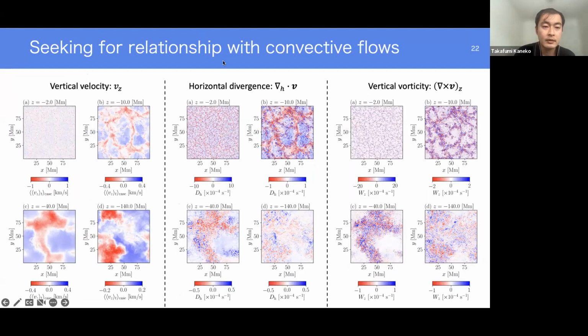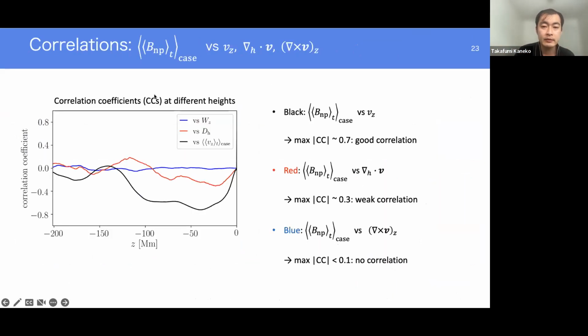We compare the vertical velocity and also the horizontal divergence and the vertical vorticity. The vertical vorticity is a rotational motion whose axis is in the vertical direction. This is the result. The horizontal axis is depth, and the vertical axis shows the correlation coefficient.